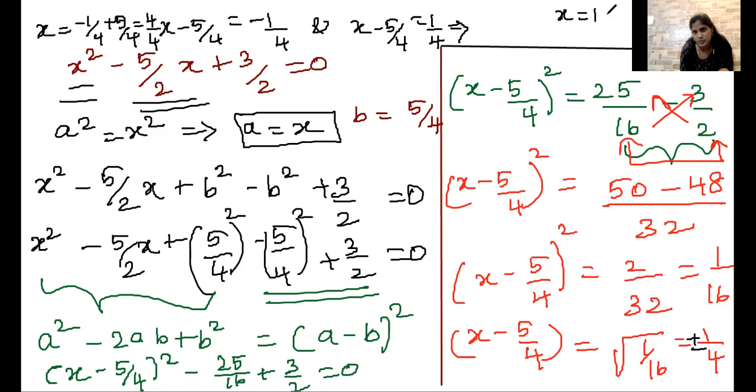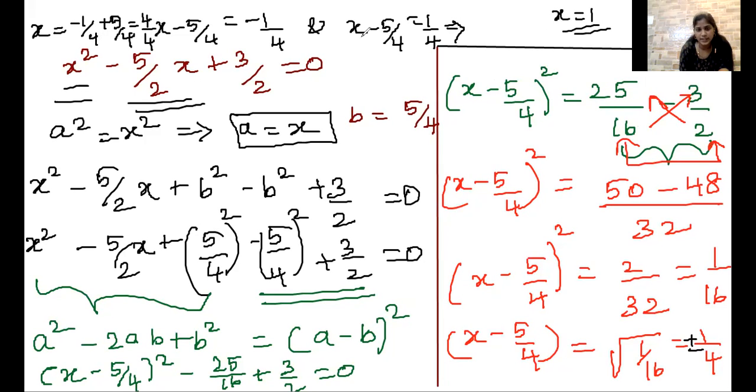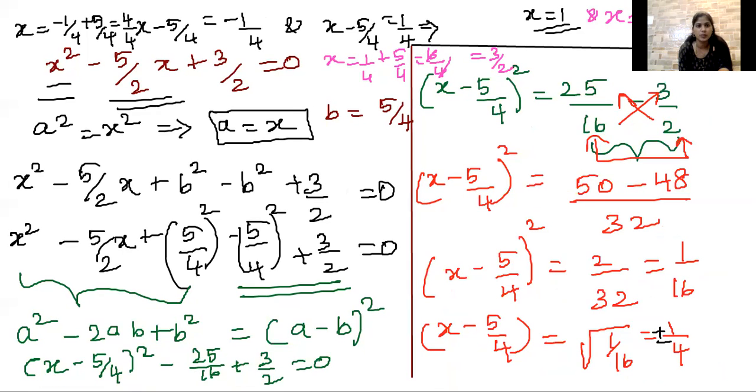So for the first one, the answer is 1. And for the second one, x minus 5 by 4 equal to plus 1 by 4, right? So this can be written as x equal to 1 by 4 plus 5 by 4, which is 6 by 4. You simplify this, you'll be getting the answer as 3 by 2. And x is equal to 3 by 2. So these two are the roots of the equation.